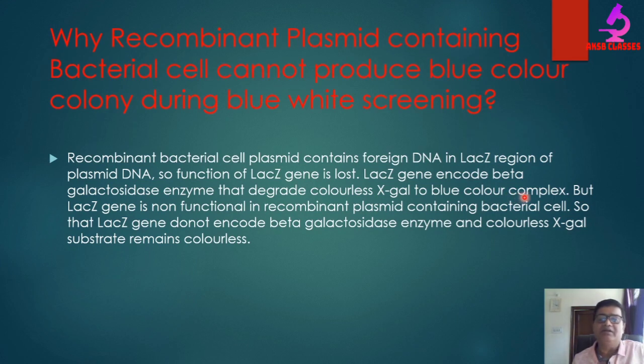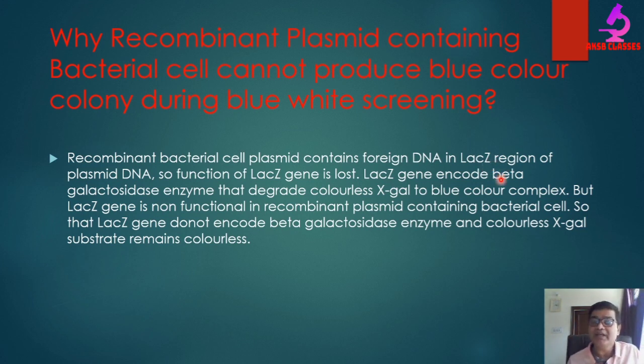But the lacZ gene is non-functional in the case of a recombinant plasmid containing bacterial cell. It means the foreign DNA, the outer DNA, is generally inserted in the region of the lacZ gene of the pUC19 plasmid.